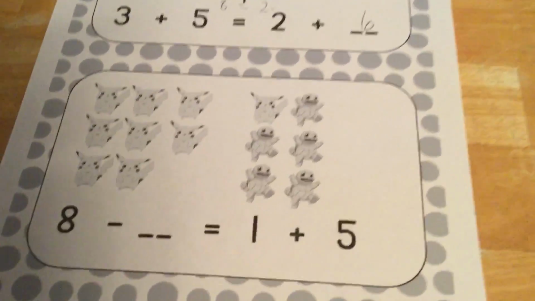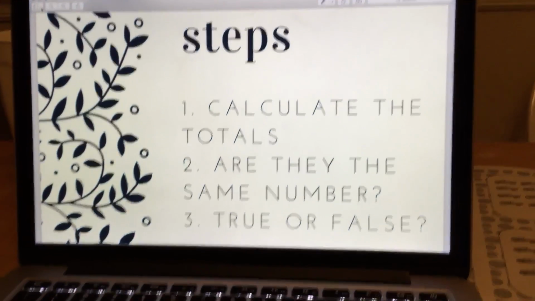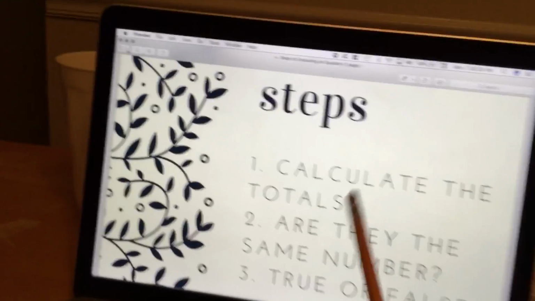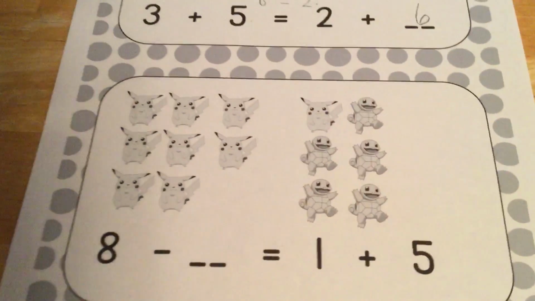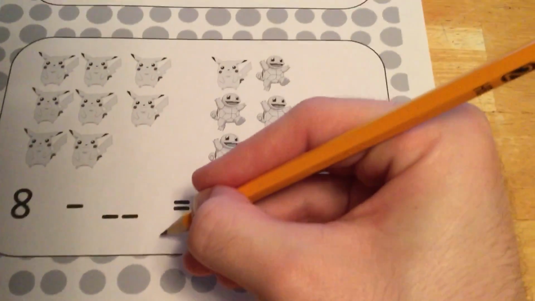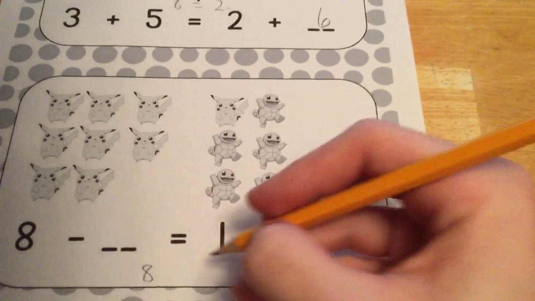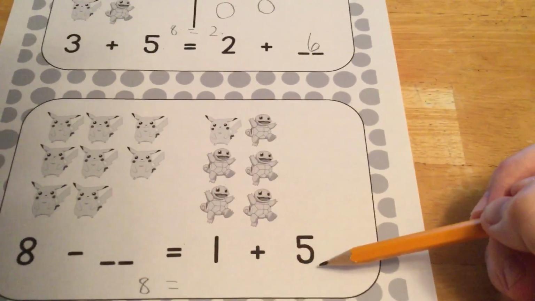So I want you to think about that. What is our first step? Number 1 is calculate the totals. So we're going to look back at this, and we already know that this side is 8. So I can write 8 for this side equals 1 plus 5.